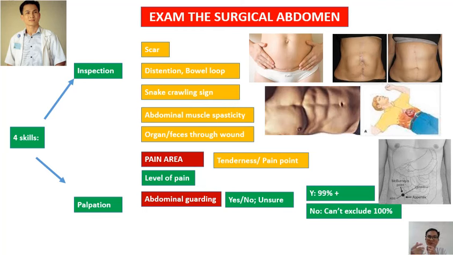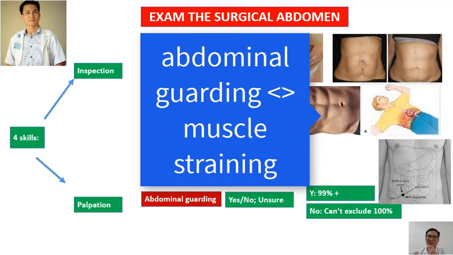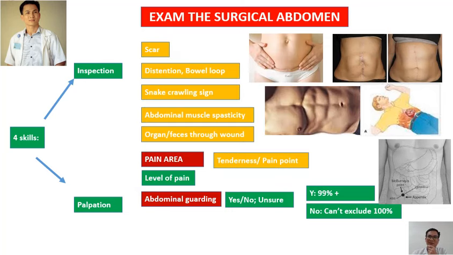So, we have to identify and differentiate abdominal warding from abdominal muscle training. However, it is important to remember the absence of abdominal warding does not entirely rule out a surgical abdomen.